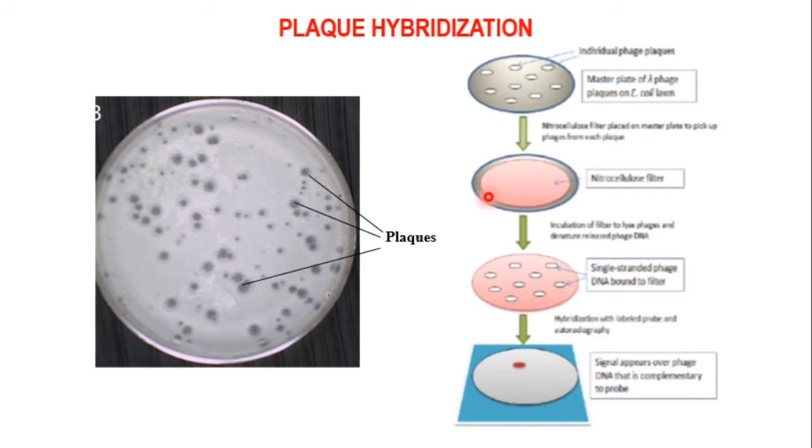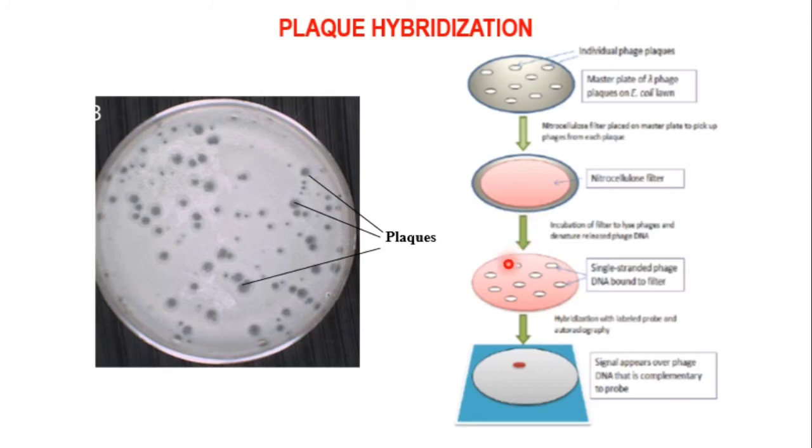That single stranded DNA will be tightly bound to the nitrocellulose membrane when baked at 80 degrees Celsius. The sugar phosphate backbone will bind tightly with the membrane, and the bases will be free.